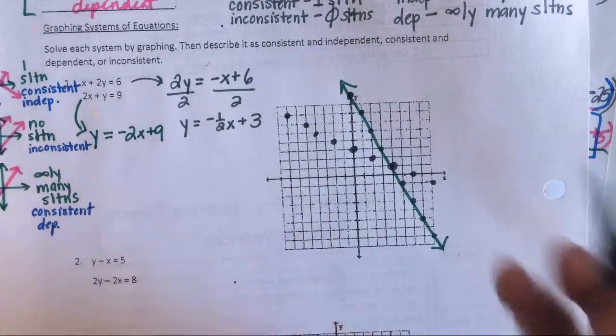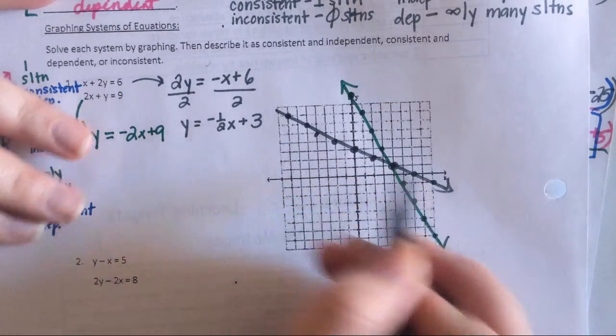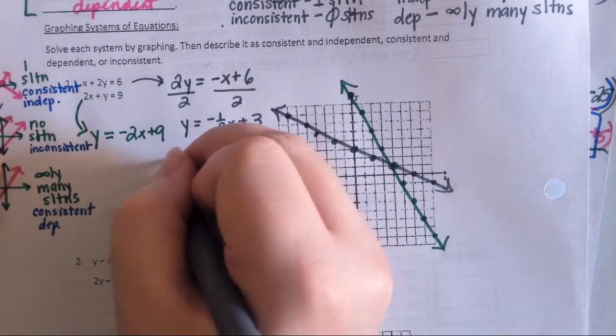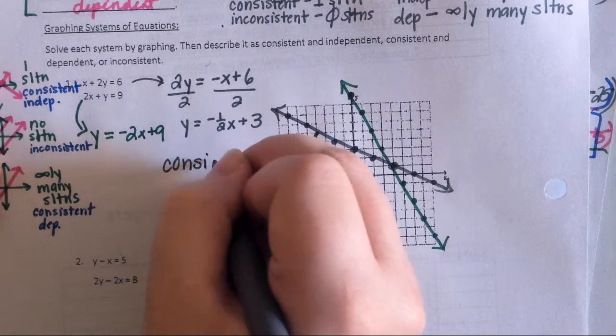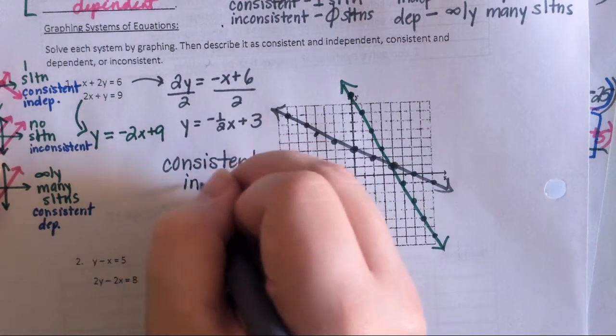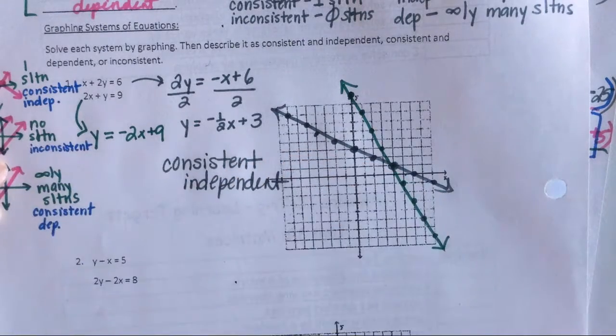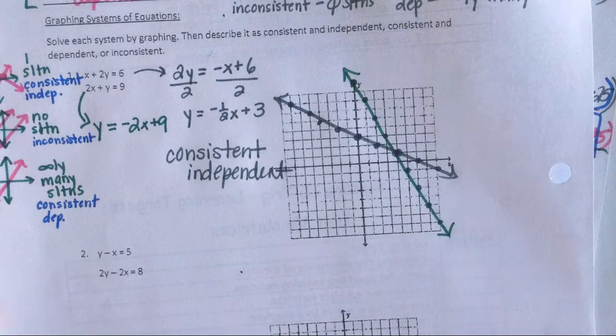They crossed, so what does that mean our answer is? They're consistent and independent. So I'm going to say consistent, and is it dependent or independent? Independent, because it's that one unique solution. And Natalie, I heard you the loudest. You can have the point. And in fact, we could pinpoint that exact solution.